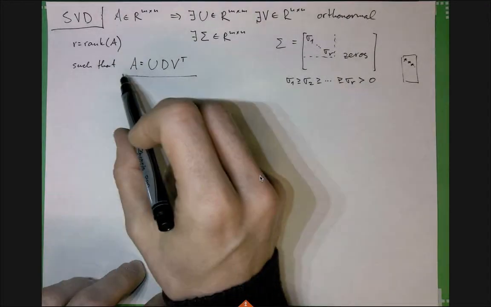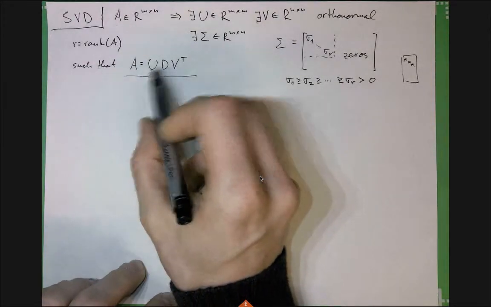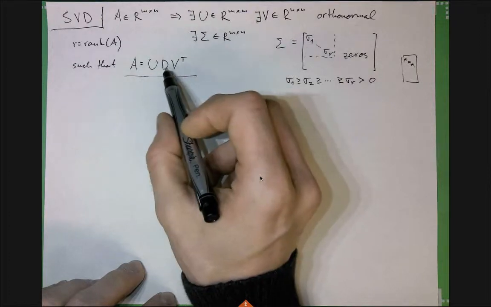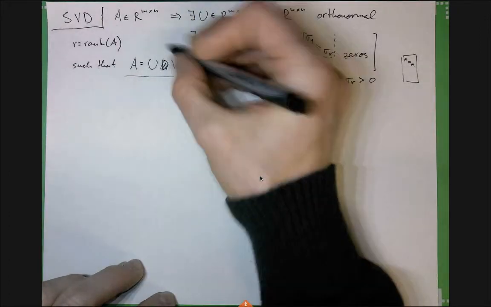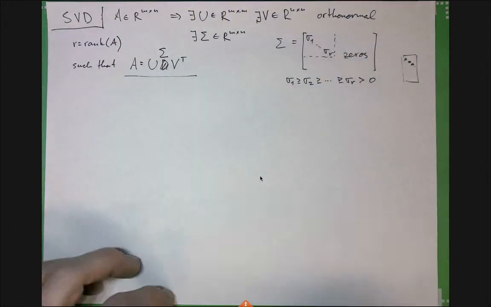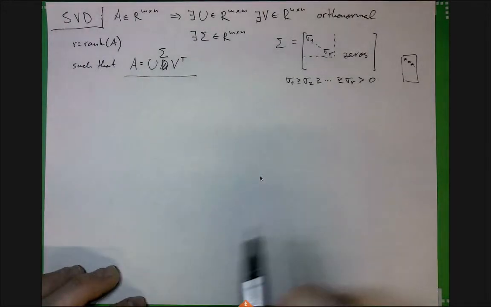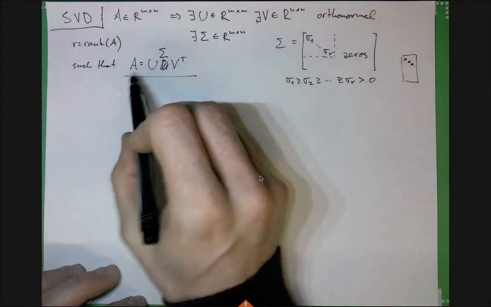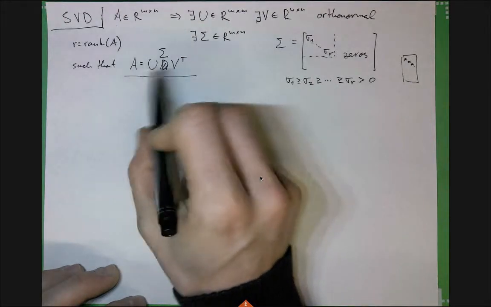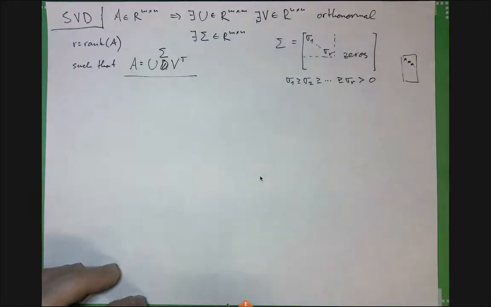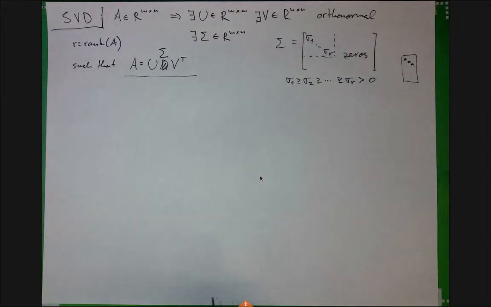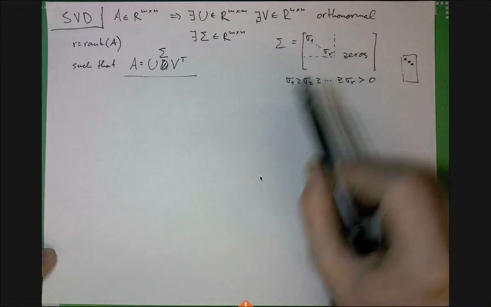We decompose the matrix A into 2 orthonormal matrices, U and V, and this, oh sorry, D. Sometimes this is called D, but here I called it sigma. The D like diagonal. So we decompose the matrix A into 2 orthonormal matrices and 1 matrix that's almost diagonal. I think the form of this matrix is called like rank normal form.